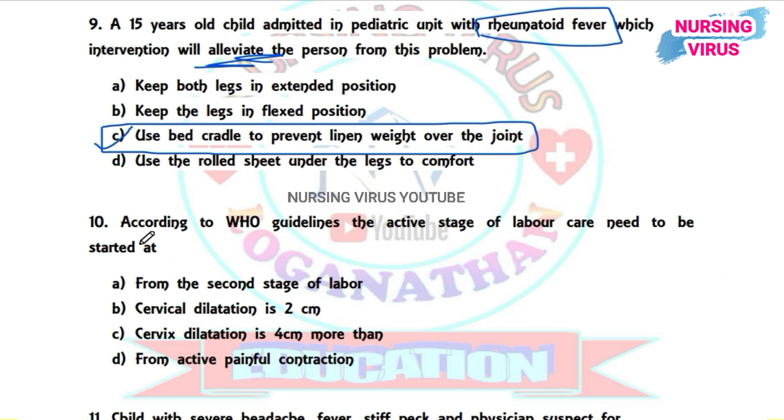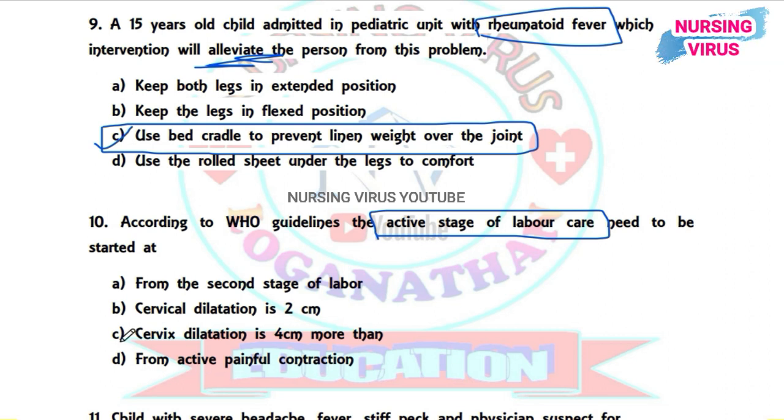And the 10th question, according to the WHO guidelines, the active stage of labor care needs to be started when? So active stage of labor care: from the second stage of labor, cervical dilatation is 2 centimeter, cervical dilatation is 4 centimeter or more, or from the active painful contraction.